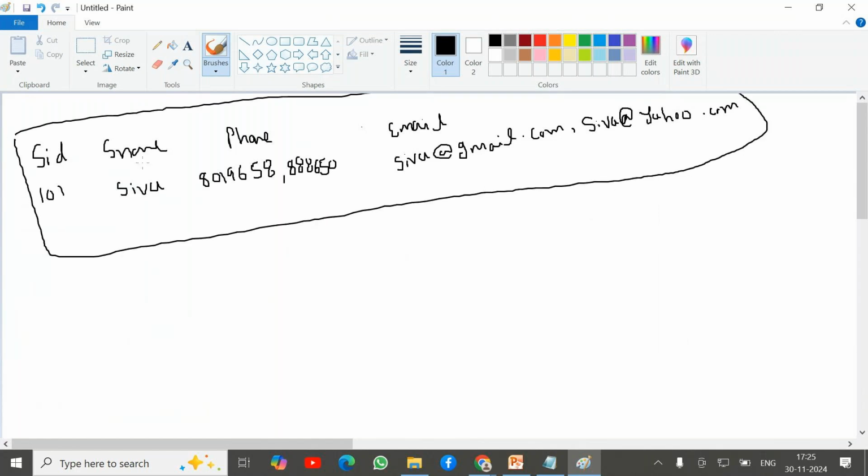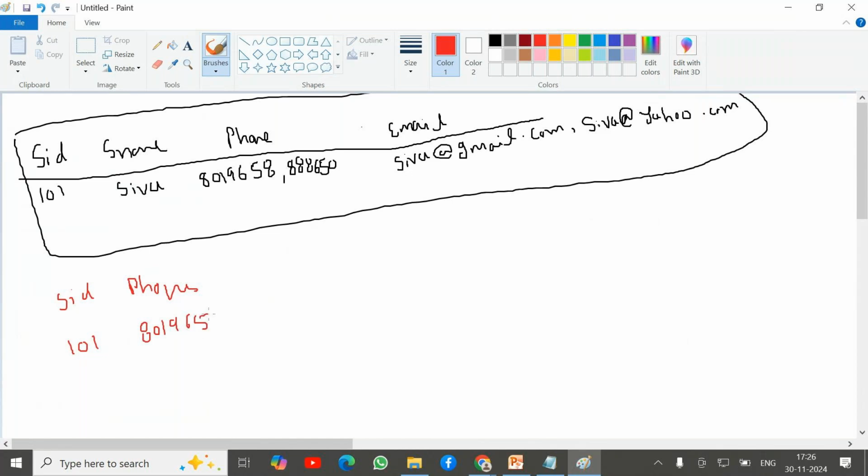How to apply 4NF? Observing very clearly, here I am dividing into a phone table: student ID and student phone number. 101, 19658, 101, 650.